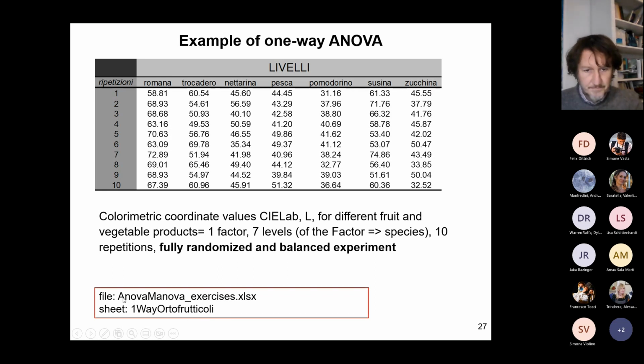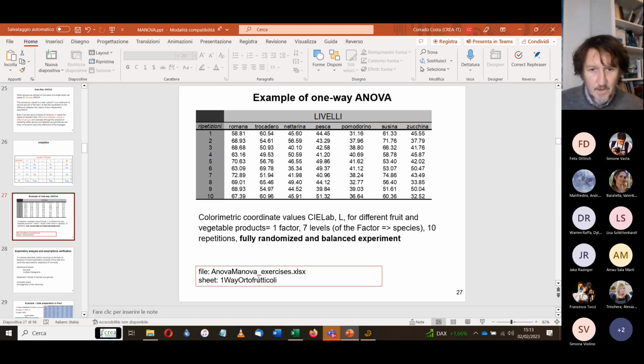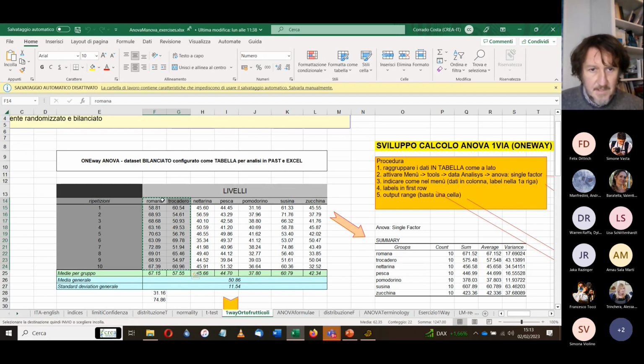So the file is the same and the sheet is one-way orthofructicoli. Here, this is the data set. We have 1, 2, 3, 4, 5, 6, 7 different horticultural species and 10 repetitions.